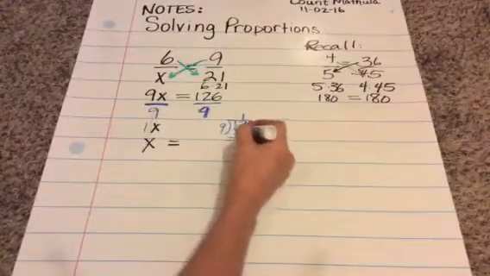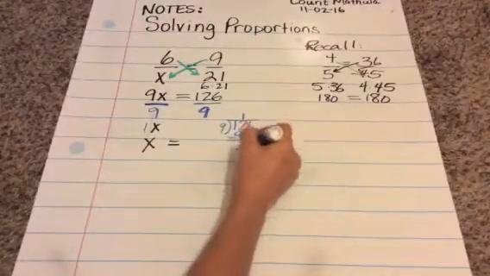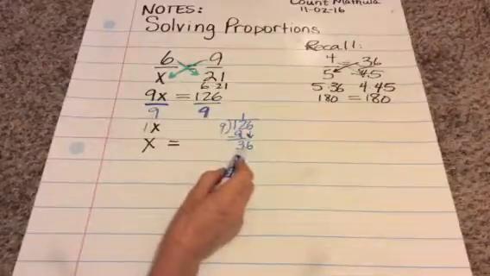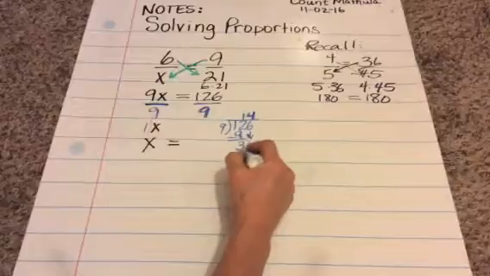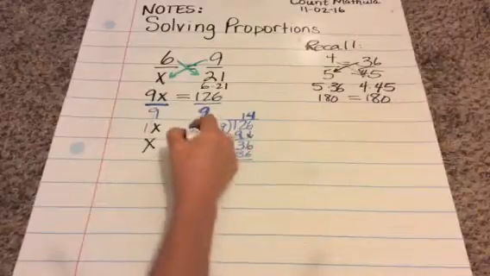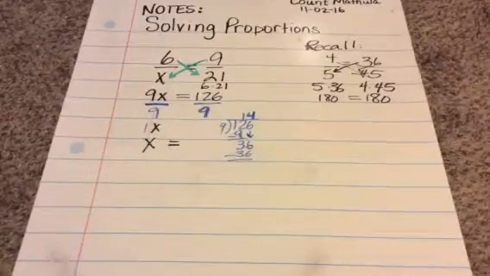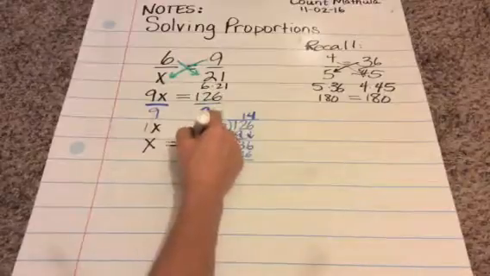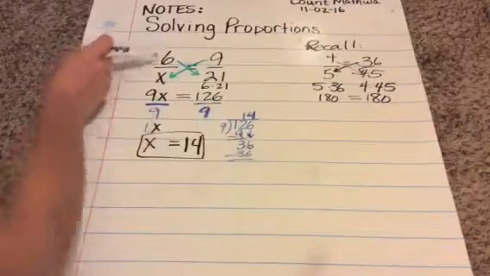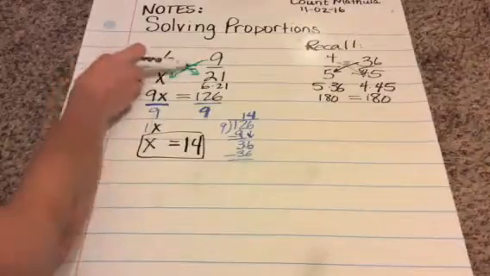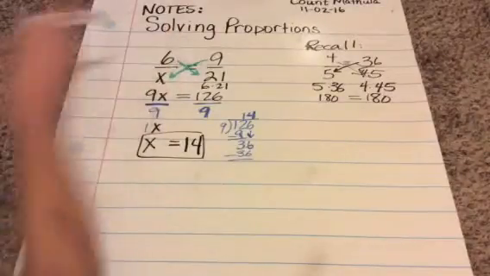So then I'm going to bring down my 6. And 36 divided by 9 is 4. 4 times 9 is 36. So my answer is 14. So x is equal to 14. So here we're saying that 6 over 14 is equal to 9 over 21.